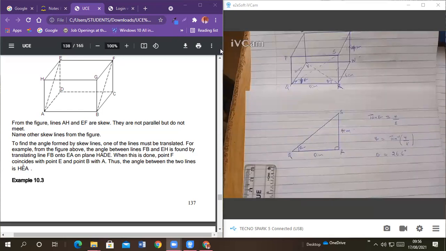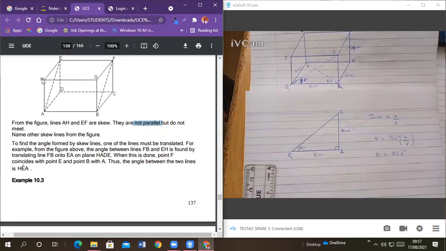Sherry is saying EF. Okay, HG and EF. Now, when you say HG and EF, they are parallel. So remember, skew lines are not parallel. So HG and EF are parallel, which means they are not skew lines. But if you say HG and ED, do you see ED?